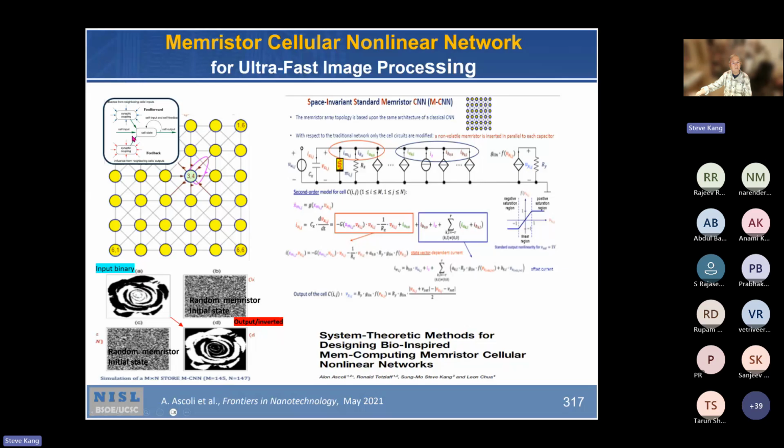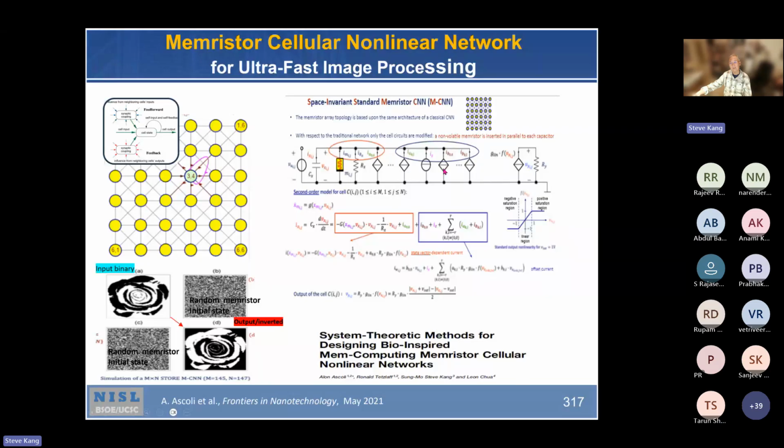That's the array size and all that. So this was a system theoretic method for designing bio-inspired memcomputing memristive cellular nonlinear network. So it was published by Alon, Ronald Tetzlaff, and myself, and Leon Chua. So yeah, this was also very exciting work here.